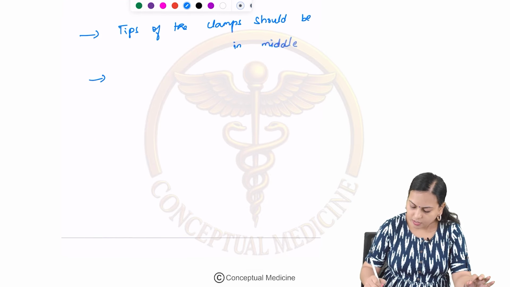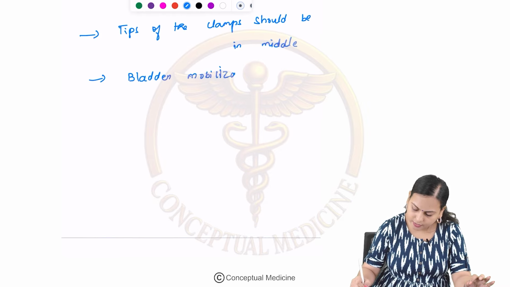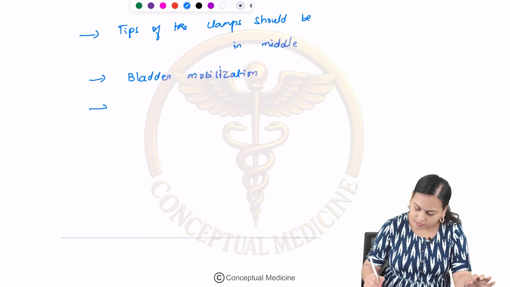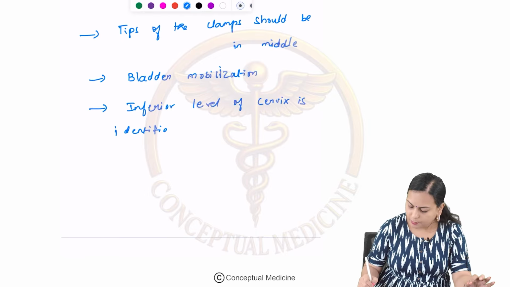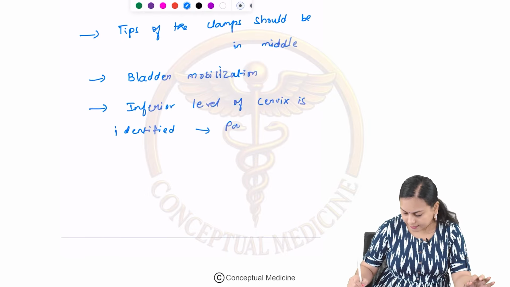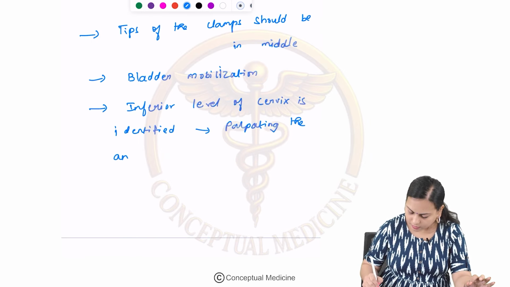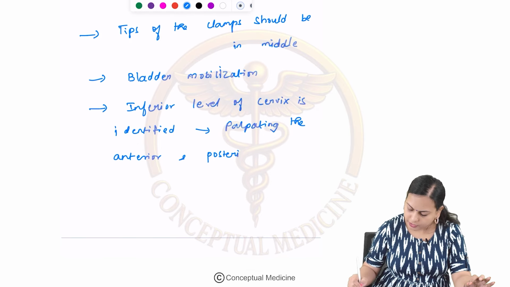Some cases may need flap mobilization as well. Then the inferior level of cervix is identified by palpating the anterior and posterior vaginal walls.